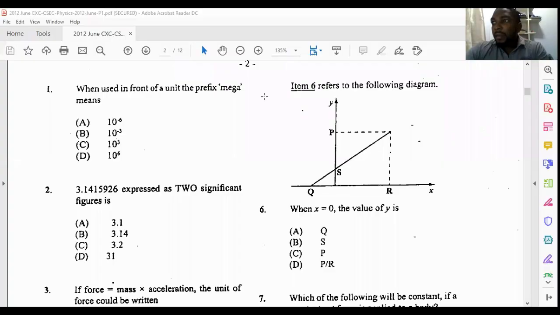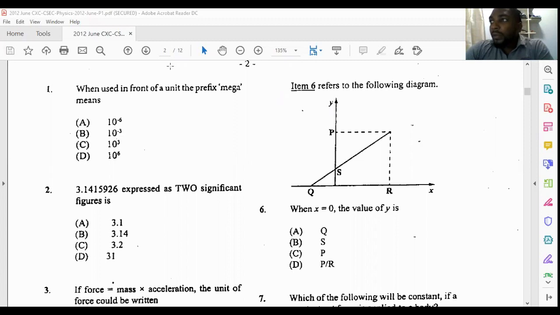Good. So we're looking at a past CXC paper. This paper here, as you can see, is a 2012 multiple choice paper. Good. So we're going to be going through it step by step.